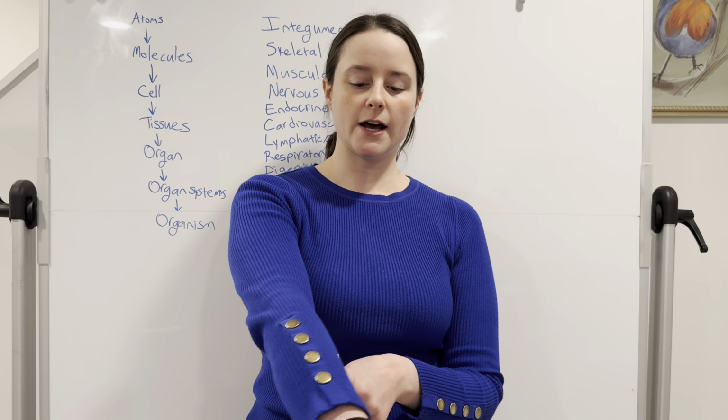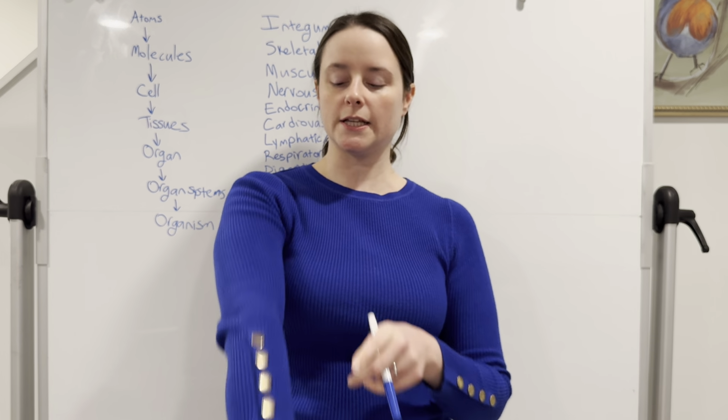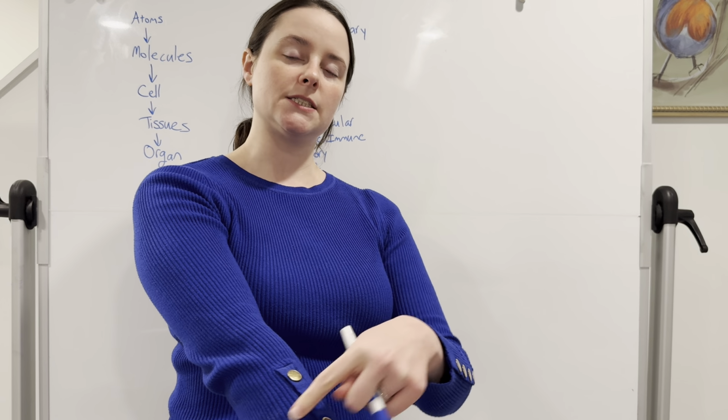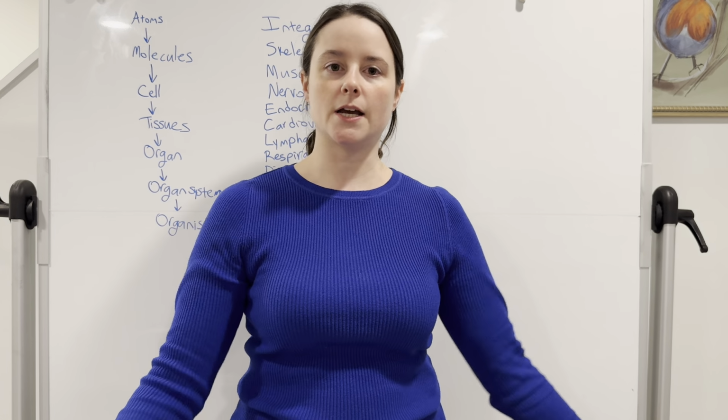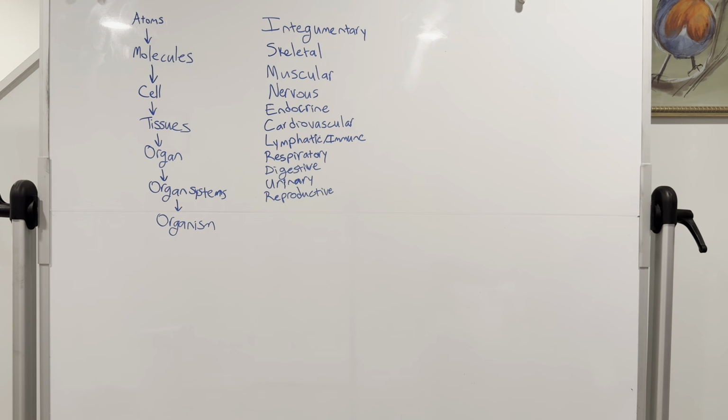Now, if I turn my palms posteriorly, so I turn my hand over like this, now the radius crosses over the ulna and they're on opposite sides from where they are here. So just to keep everything standardized, you should know what the anatomical position is.